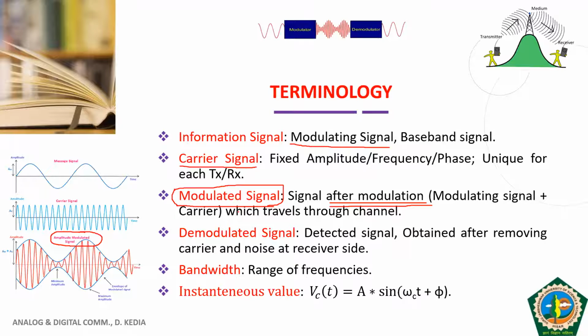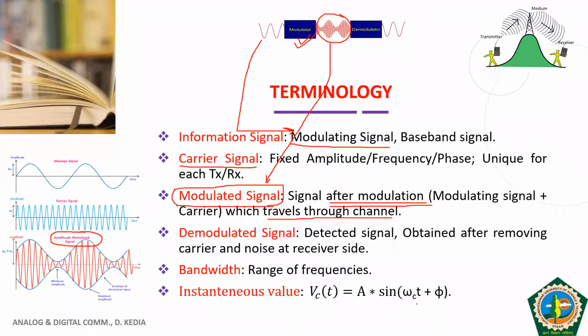Modulated signal will go through the channel. It will travel through the channel. Modulated signal will come out of the modulator. Say this is the modulator, this is your modulated signal. At the input of the modulator, you have the modulating signal, and another input will be the carrier.